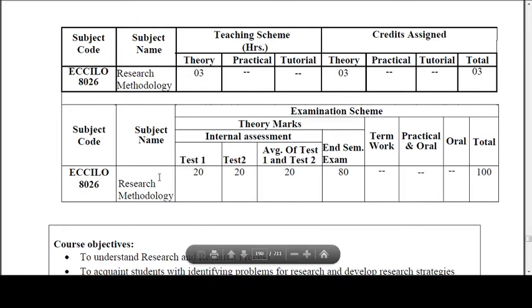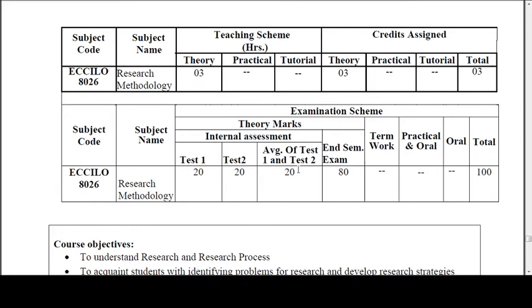So, research methodology, the marking scheme. Two internal tests are conducted. Test 1 is 20 marks, test 2 is 20 marks, and the average of test 1 and test 2 is considered.